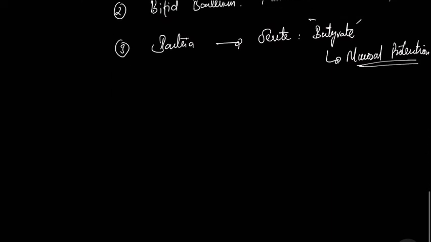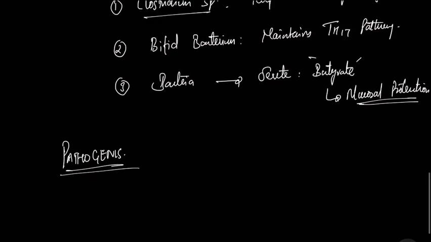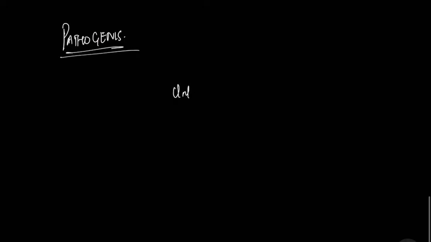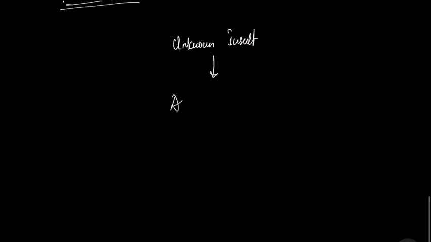Now with that done, let's jump into the pathogenesis. What happens in the pathogenesis is that there is some unknown insult to any of these three. This leads to alteration in the normal microbial flora.